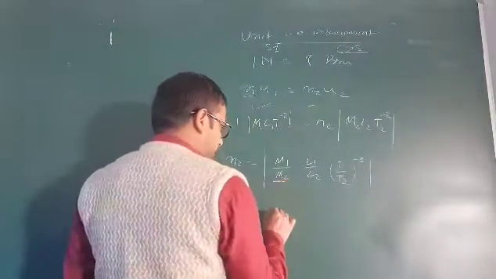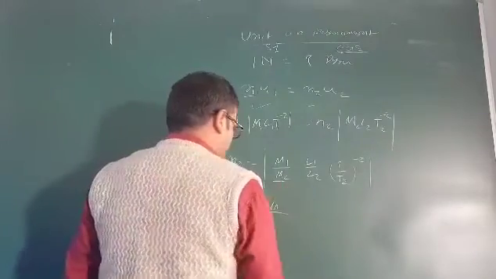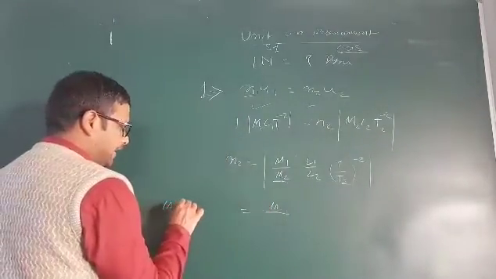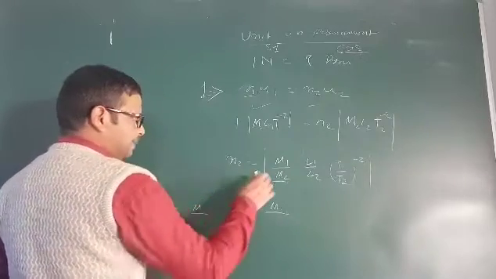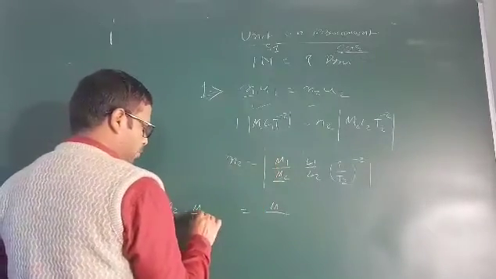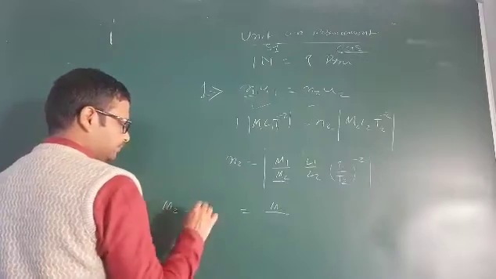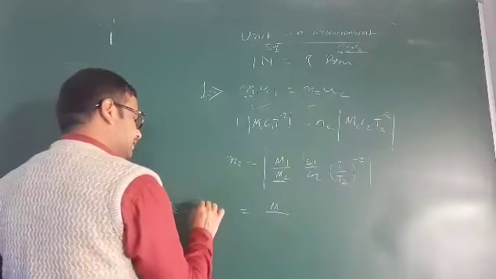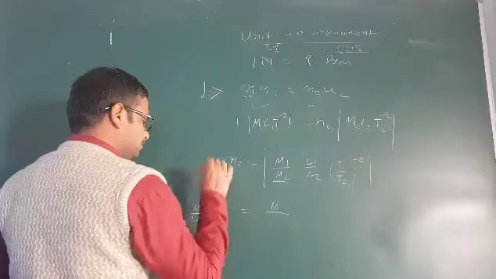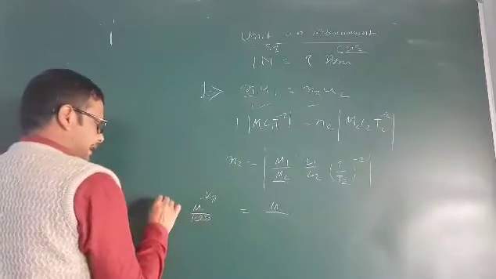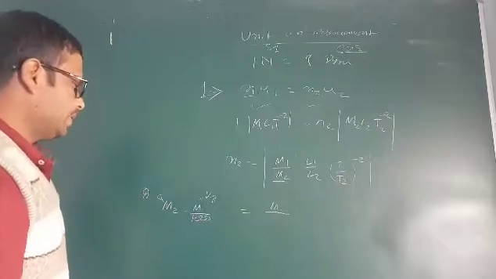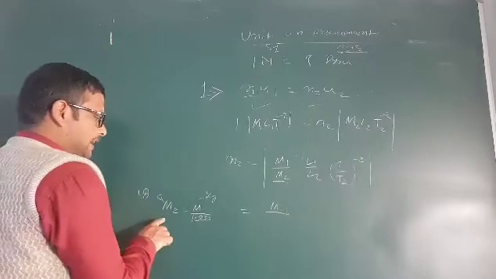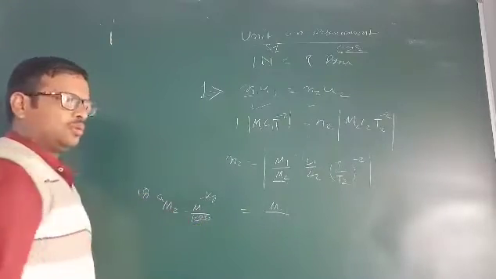So M1 upon what is the value of M2? You may write down M2 equal to M1 upon 1000, because M1 is in kg and M2 is in gram. So 1 gram is equal to 1 kg upon 1000.